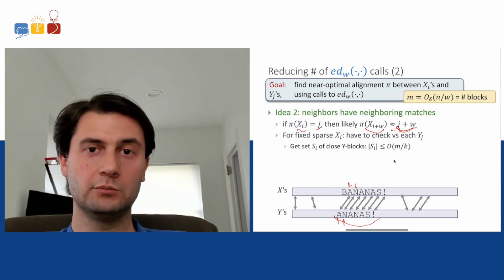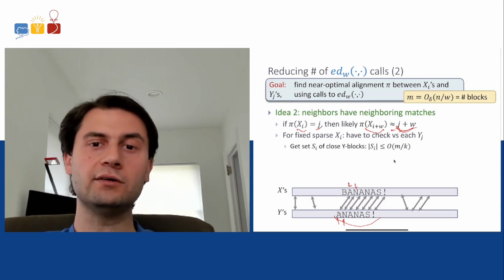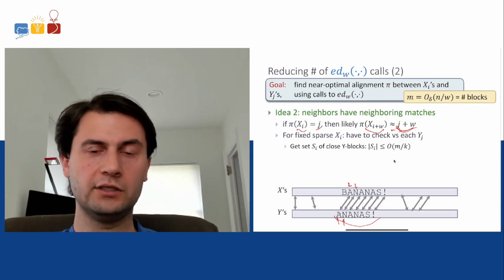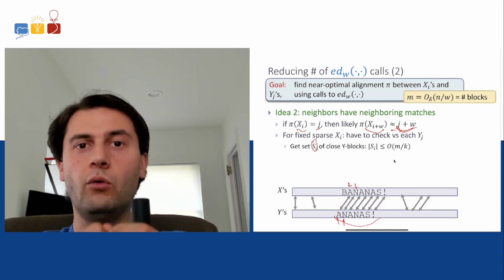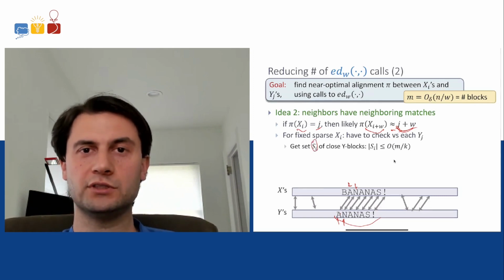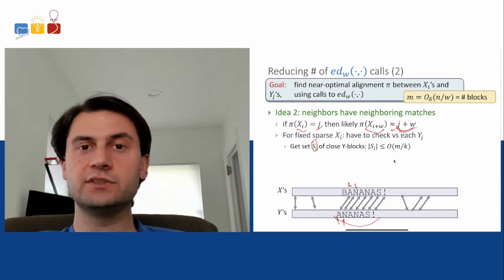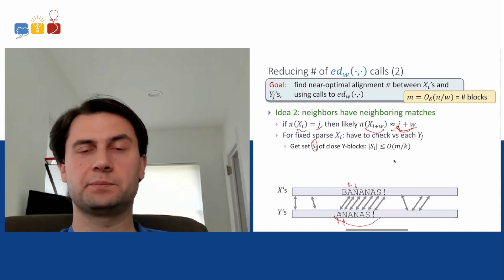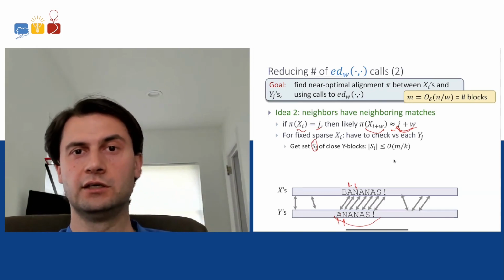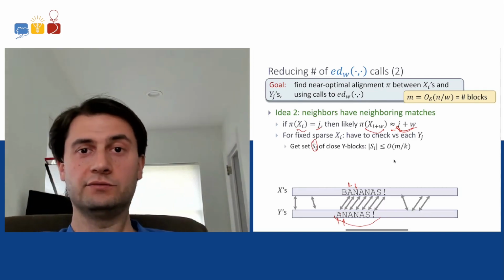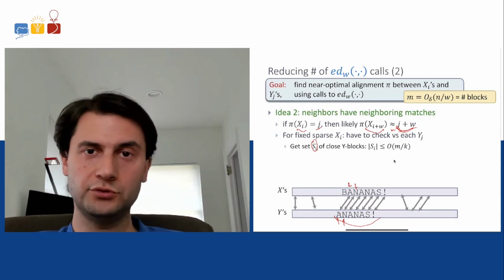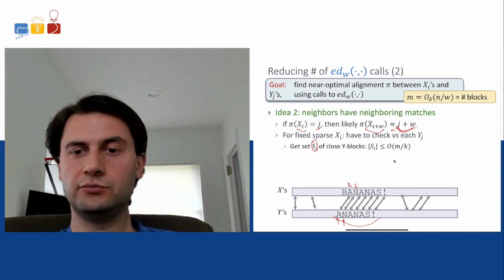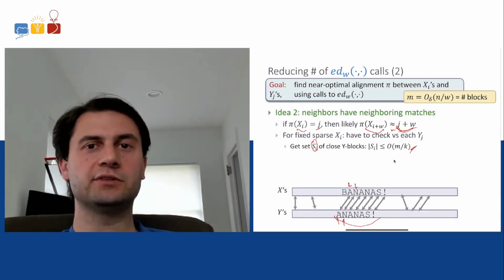The good part is that after we've done this, if we define the set Si to be all the y blocks which are close to xi, there must be few. This was the definition of sparse xi: the block x which is close to few y blocks, where few means on the order of n divided by q.